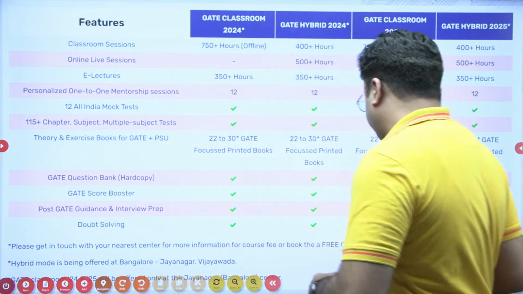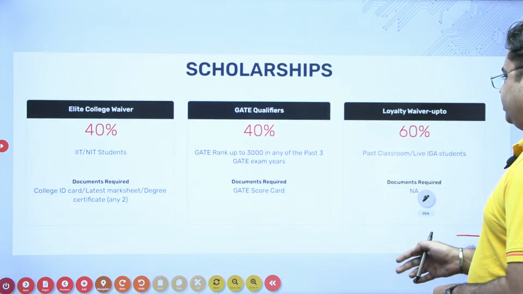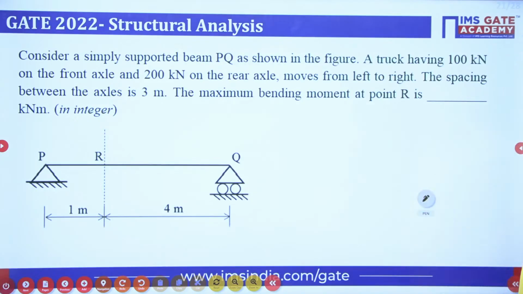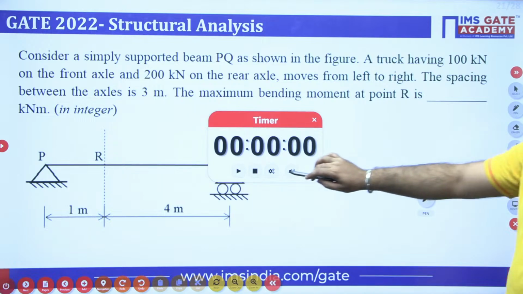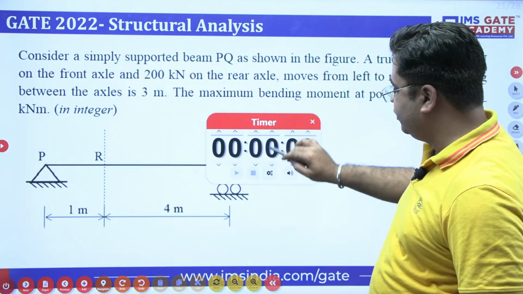Let's move ahead. Let's see this question. This is the question asked in GATE 2022 for structural analysis. Just go for this. Again, at this time I'll give you just 1 minute because this is a very easy question.